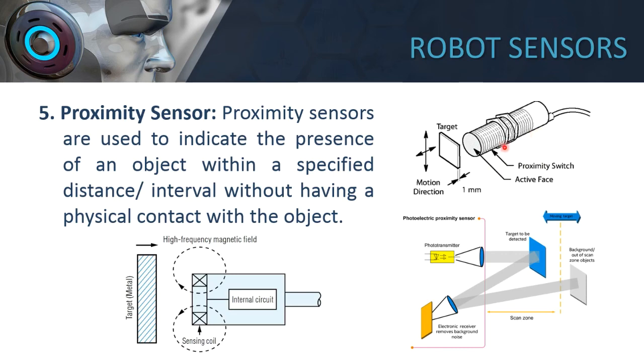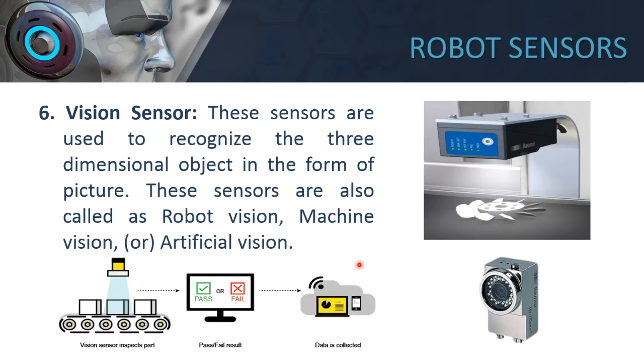Generally it has a proximity switch and an active phase which senses the target. As soon as the target comes in that range, the active phase sends a signal to the proximity switch, which sends the signal to the controller. So this is generally a photoelectric sensor which can be installed on the robot to detect the presence of an object in its work volume.